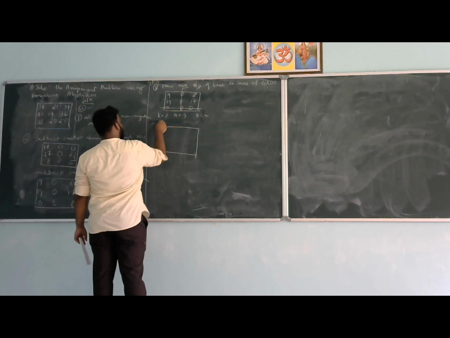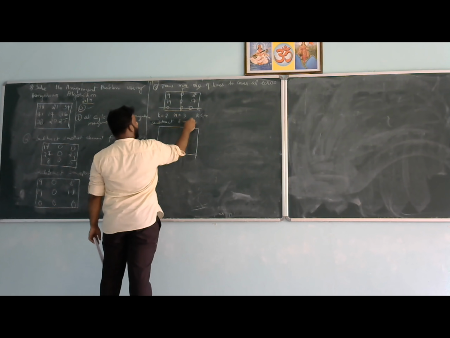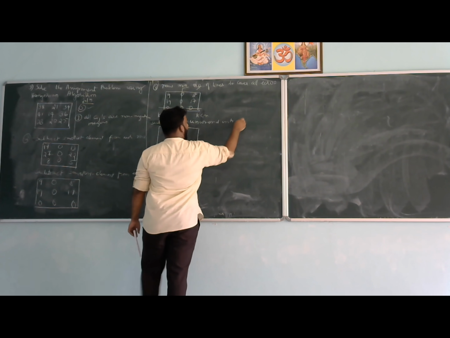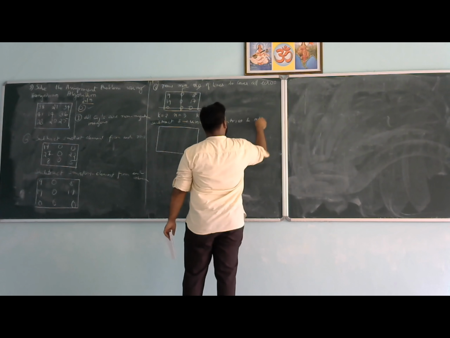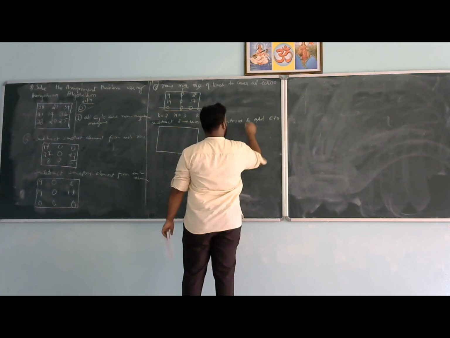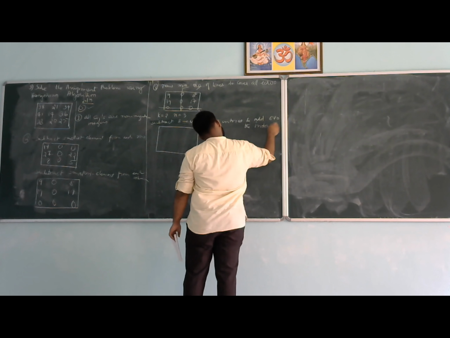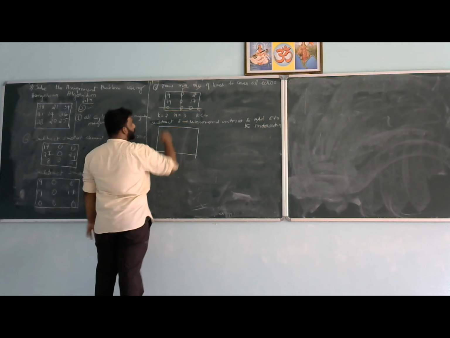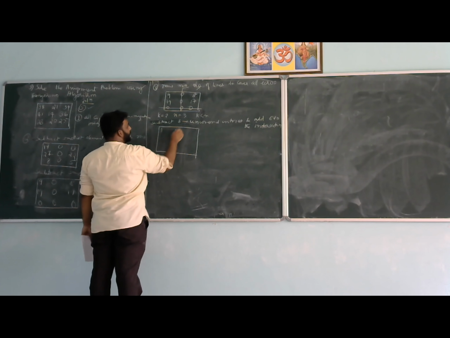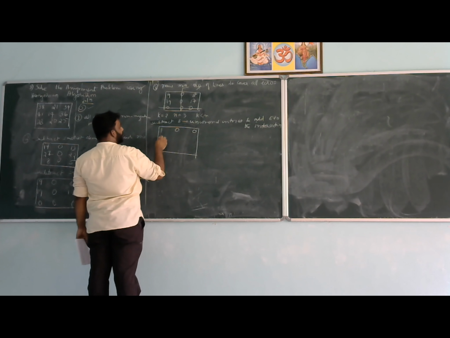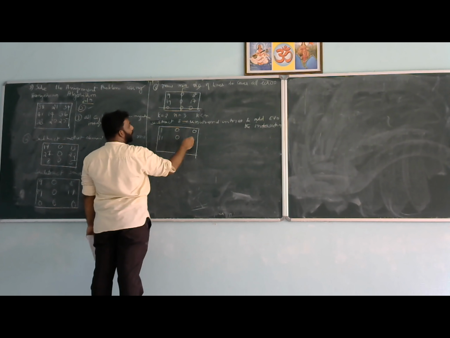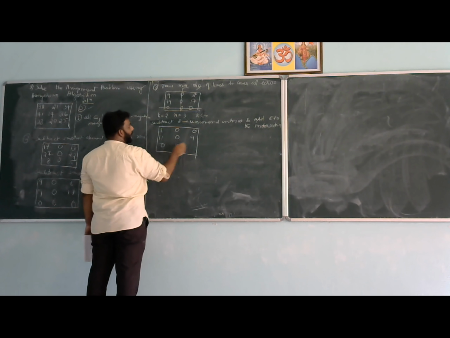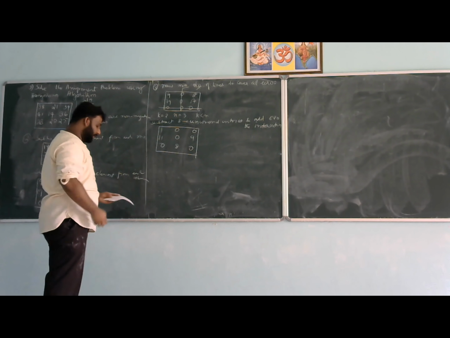So subtract 8 from the uncovered entries and add 8 to the intersection. So we get 1, 0, 0, 11, 0, 9, 0, 8, 0. This is our new table.